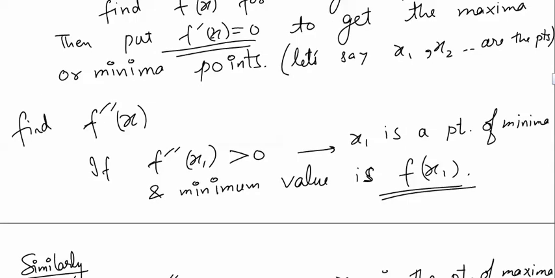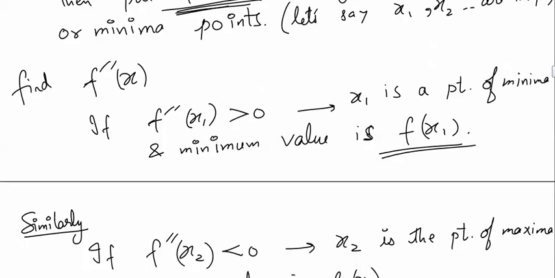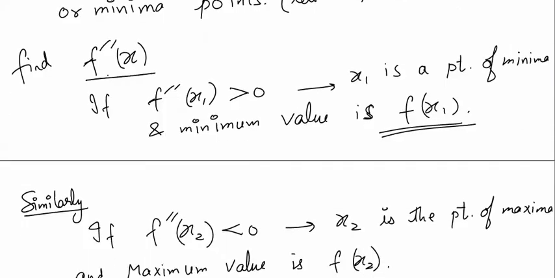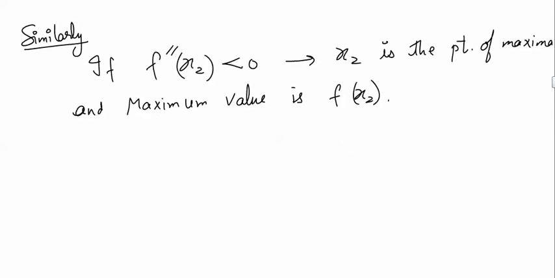So what I said was, find f dash x, put f dash x equal to 0, find out minima or maxima points. At these points, find f double dash x. If f double dash x is less than 0, point of maxima, greater than 0, point of minima. What if it is equal to 0?